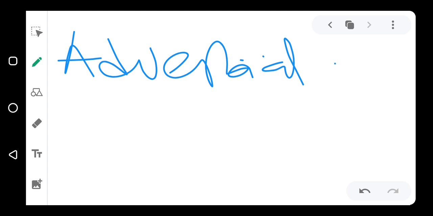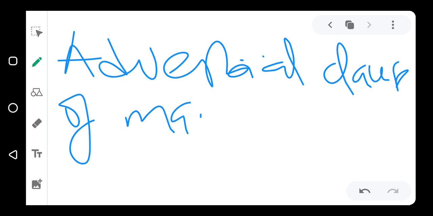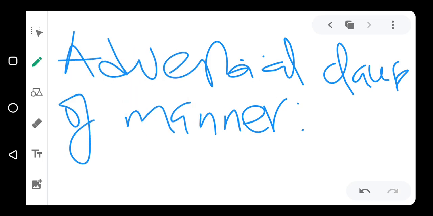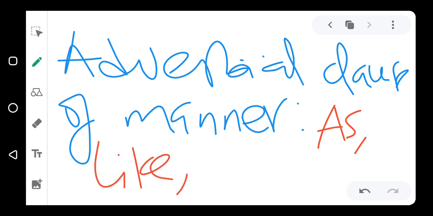This one is identified by the markers as, like, and as if.